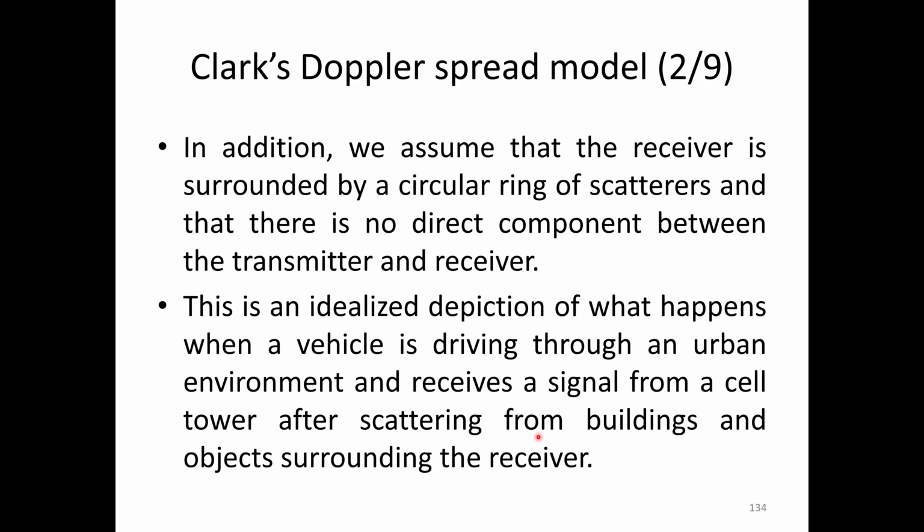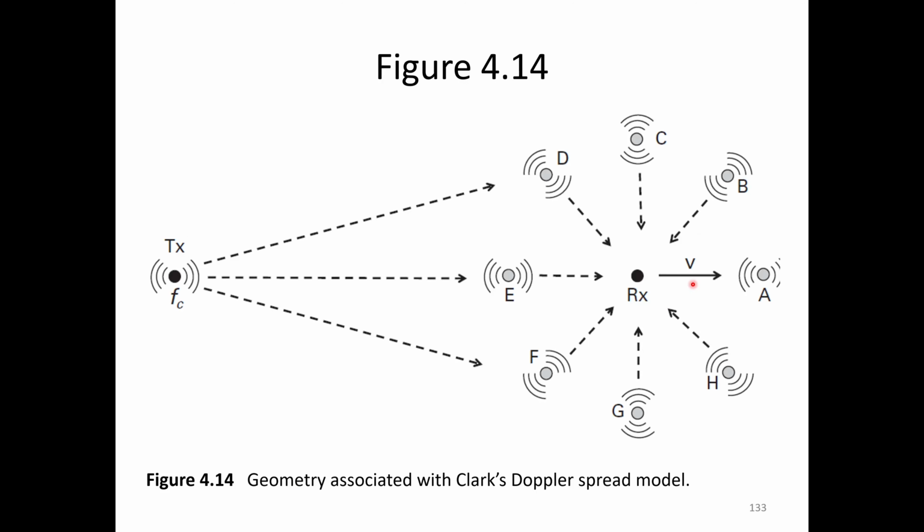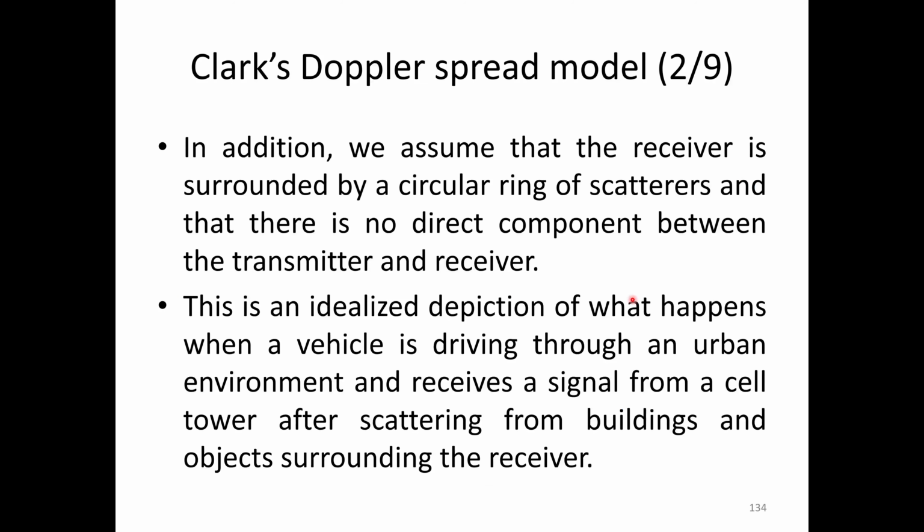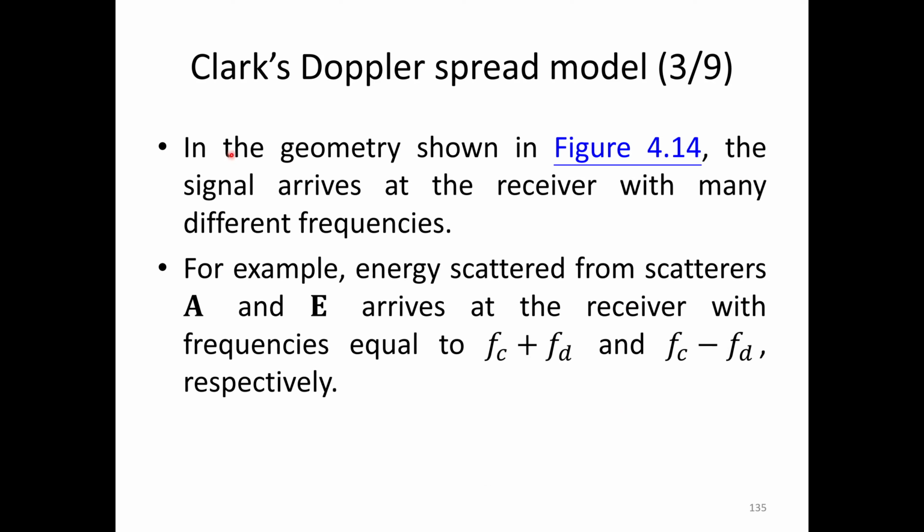After scattering from buildings and objects surrounding the receiver. Okay, so A, B, C, D, E, F, G, and H are buildings or objects surrounding the receiver. In the geometry shown in figure 4.14, the signal arrives at the receiver with many different frequencies.